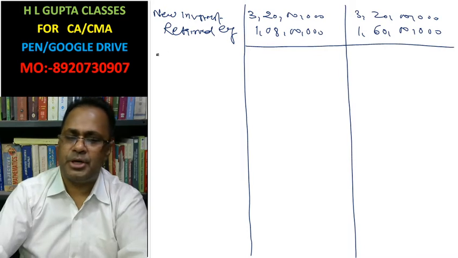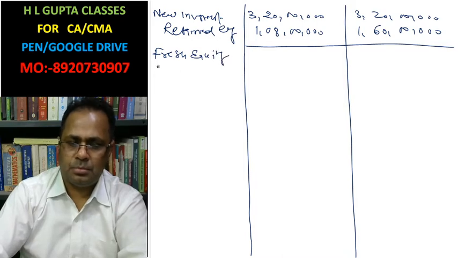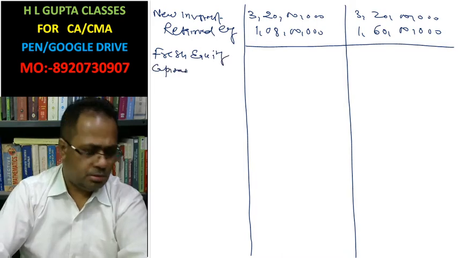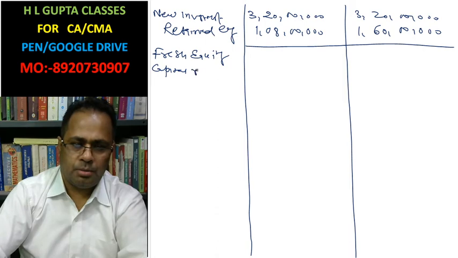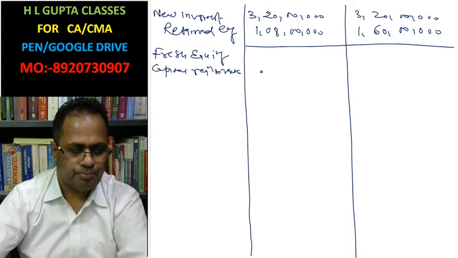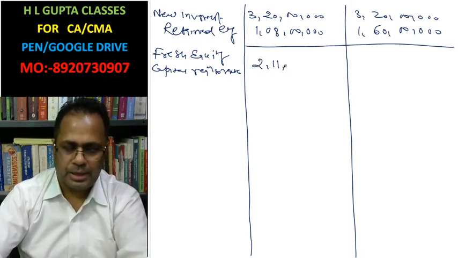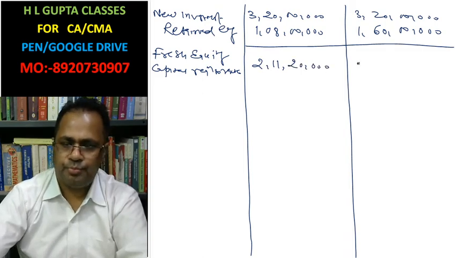Fresh equity capital required to be raised is 2 crore 11 lakh 20,000, and 1 crore 60 lakh.